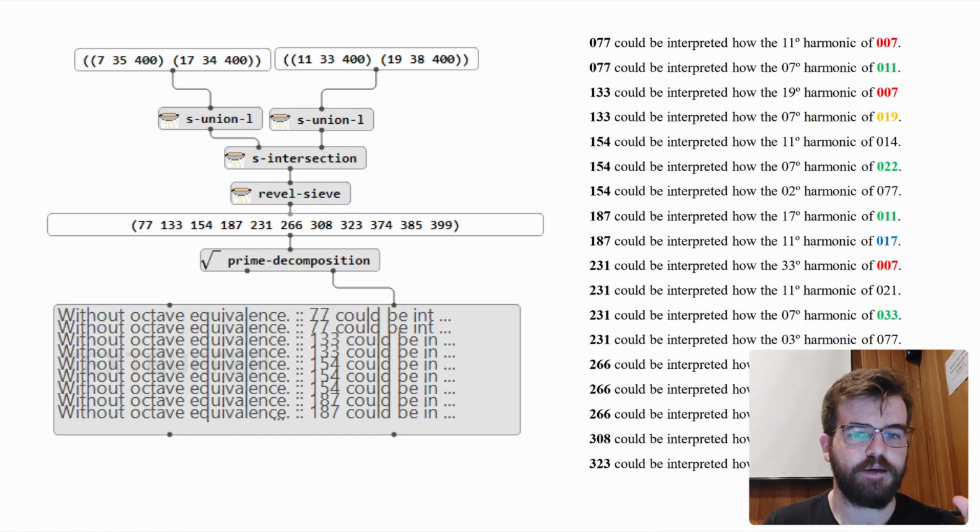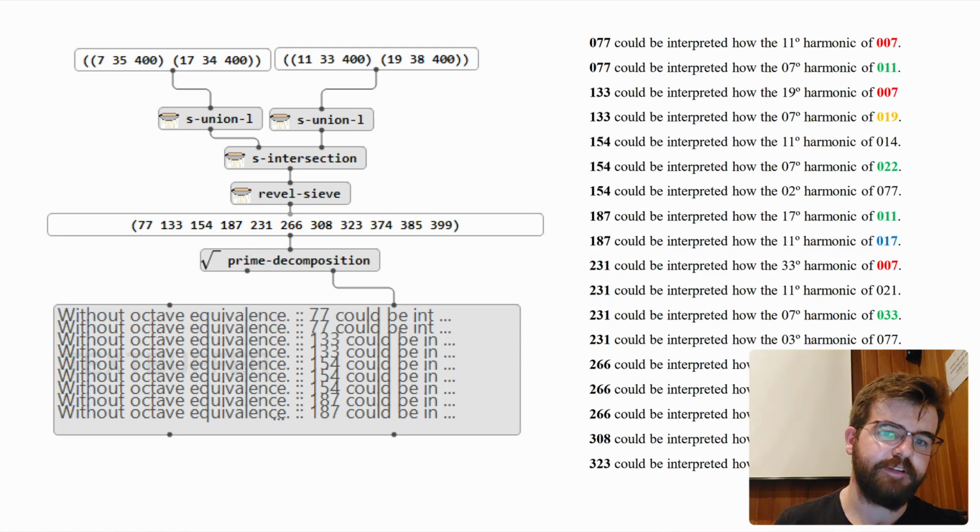And then we can see connections between these numbers like 77, 231, 133. They are part of one same harmonic series that is born from the number 7.